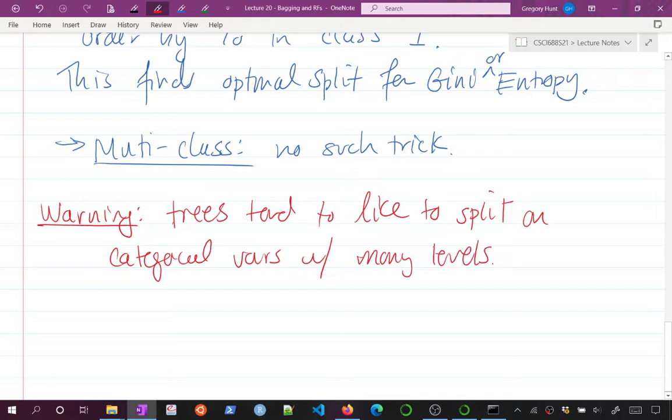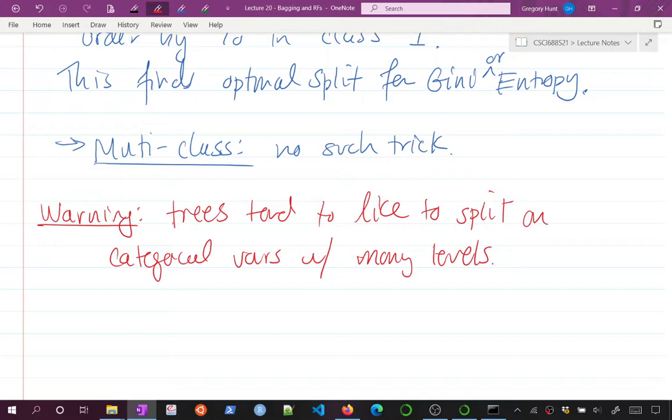The fact that there are so many possible potential splits means that these trees tend to like to split on categorical variables, and you can very easily overfit because there are so many possible splits to make, 2 to the q minus 1 minus 1 possible splits. So the warning here is to be careful.